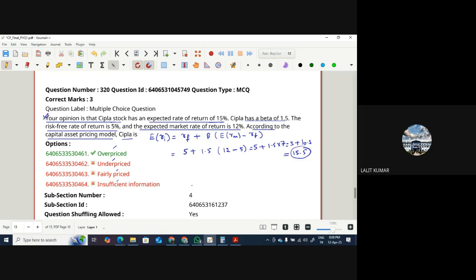So you calculate alpha. Alpha is equal to opinion rate minus ERi, so 15 minus 15.5 is equal to minus 0.5. If alpha is negative, then it is overpriced. This question can also be asked in a form where you are asked whether you should invest in this investment or not. If alpha is negative, you should not invest in this stock. Is this okay? Yes, sir.